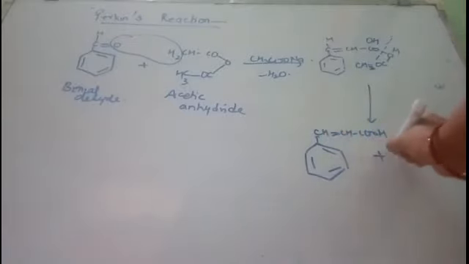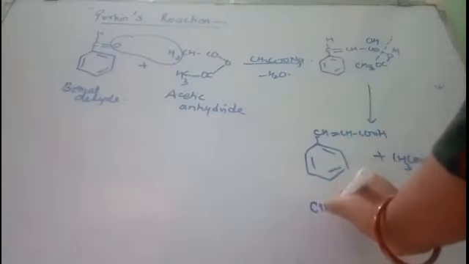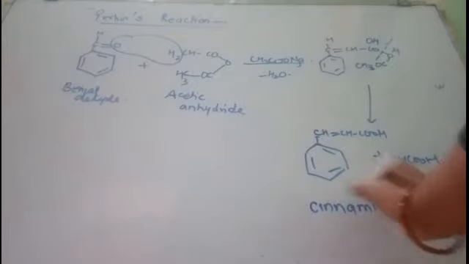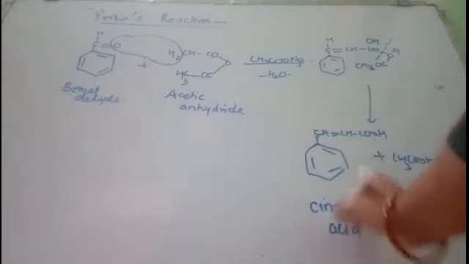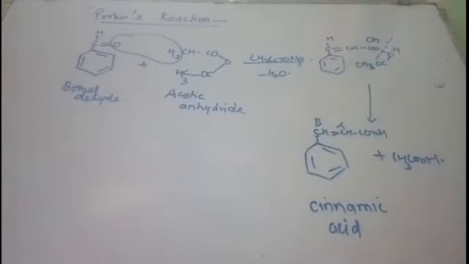This is known as cinnamic acid and acetic acid. So cinnamic acid is formed. Now this is your alpha and this is your beta carbon. So alpha beta unsaturated acid will be formed. This reaction is known as Perkin's reaction.